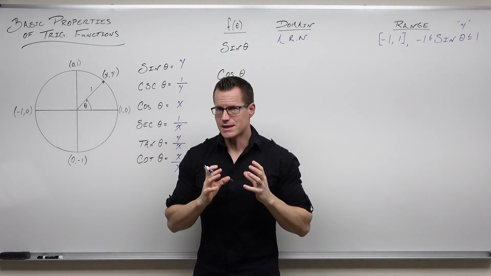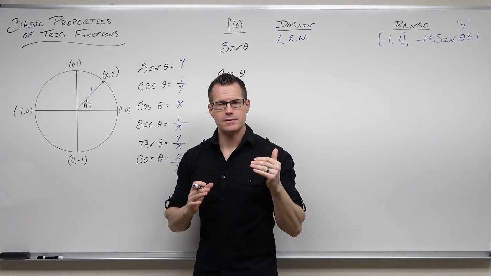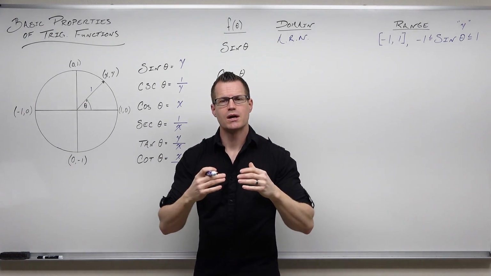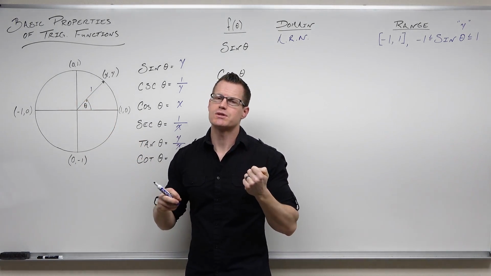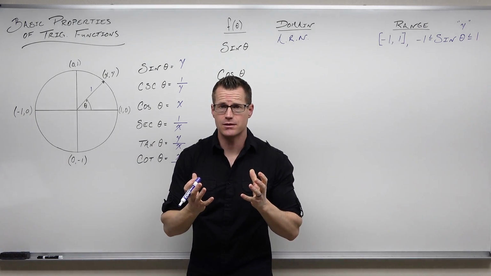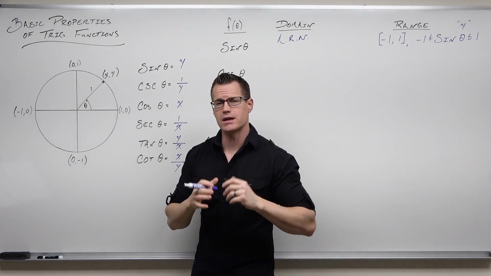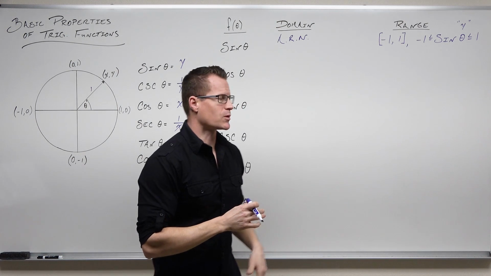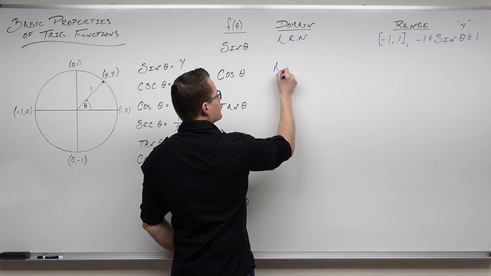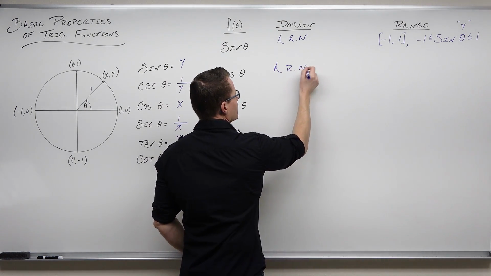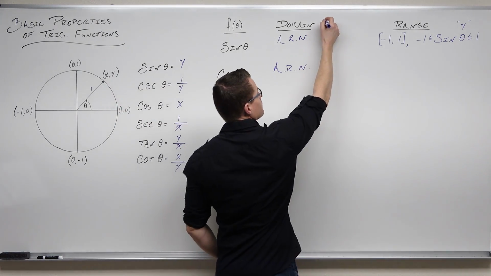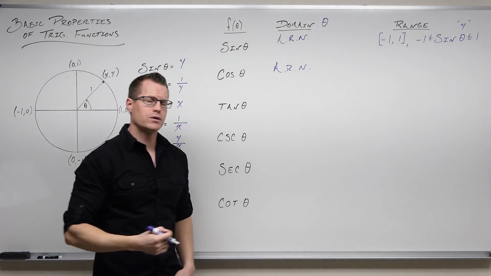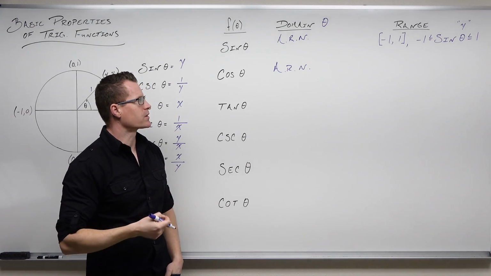So for the same exact reason that sine has a domain of all real numbers, cosine also does. You can plug in any angle and it's going to give you some sort of an x value. Nothing that's undefined, nothing that's outside of the range of -1 to 1. And so these look very similar. So cosine of theta, the domain for theta is all real numbers, whether you're talking about sine or whether you're talking about cosine.